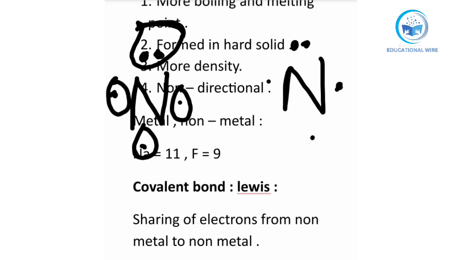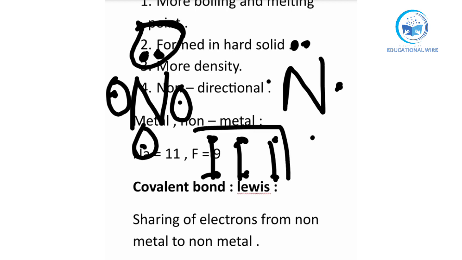We will put these 3 electrons from both sides, 1 2 3, 1 2 3. These three unpaired electrons make a covalent bond, so it makes a triple covalent bond. Sharing of electrons of nitrogen from non-metal to non-metal makes a triple covalent bond.